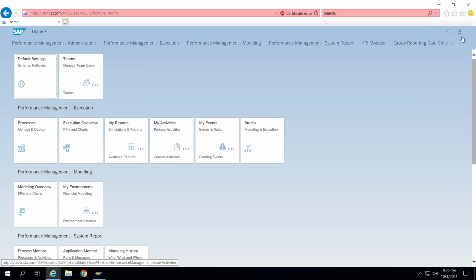Okay, you can see these are the different apps available. You will see the different groups. For portfolio and project management we will find one specific group. One second, let me check it here.